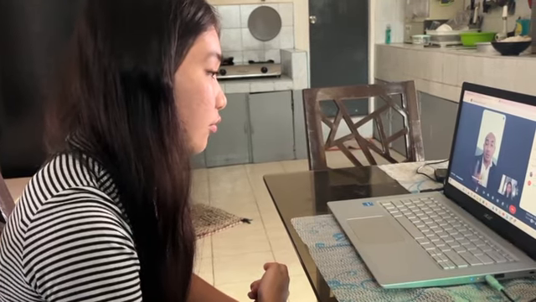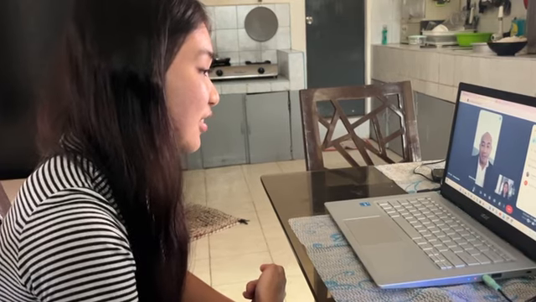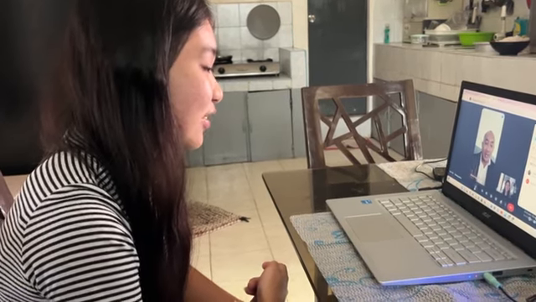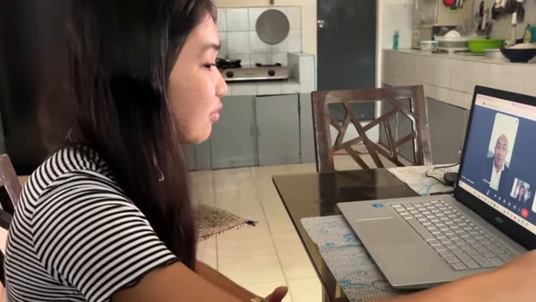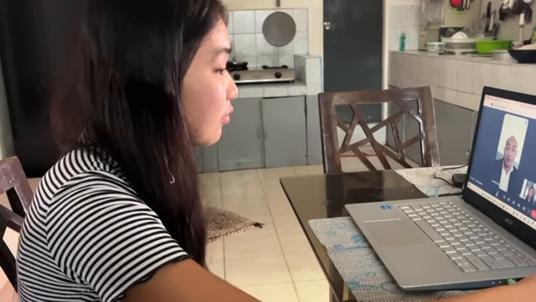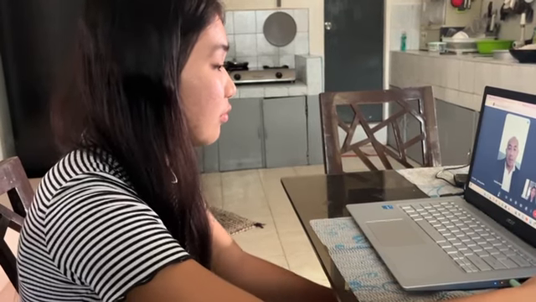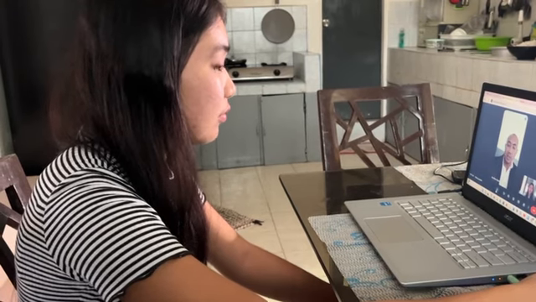For example, if one student never used a computer in his whole life, this would be his first time to get the assessment through ICT, so I think it would be hard for him or her. But for those who really know how to use the computer, it is easy for them.